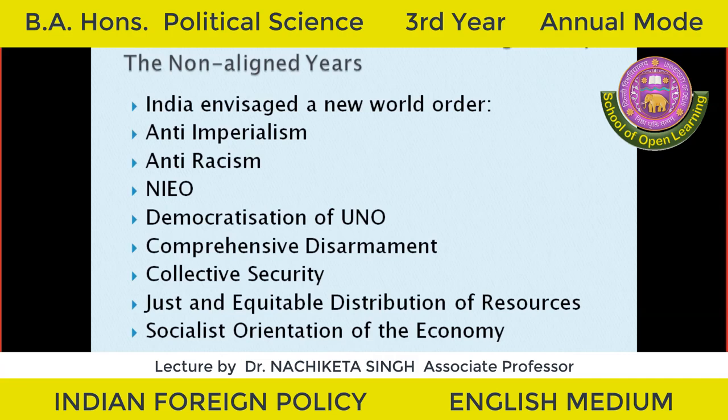Then the most important thing which India wanted at the international level, in the larger international domain, was to democratize every institution and to make it more participative and inclusive in nature. Otherwise, we have seen that prior to the end of the Second World War, international institutions were primarily constructed and run by Western countries based on their own vested interests.